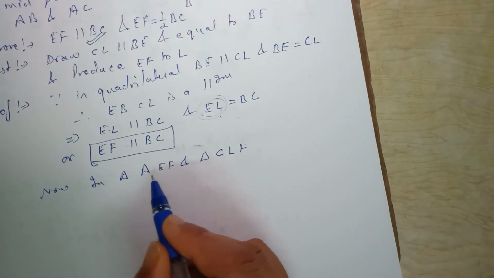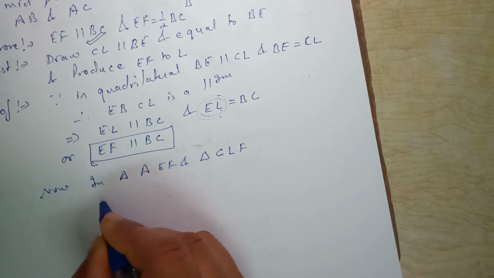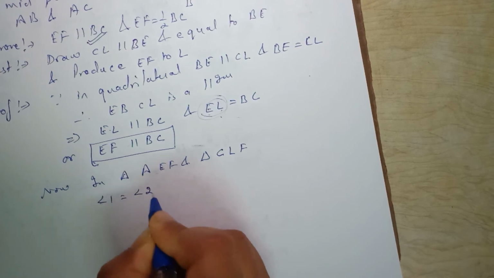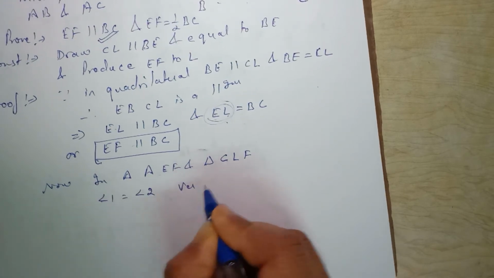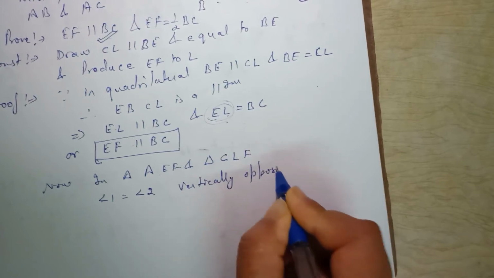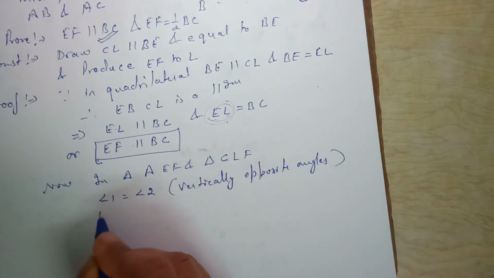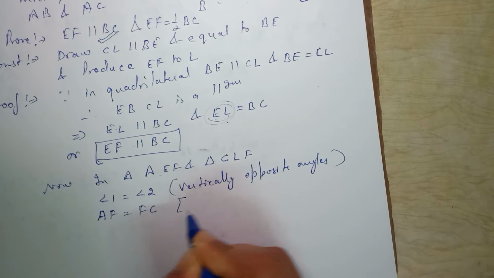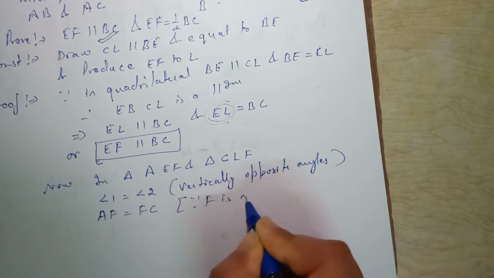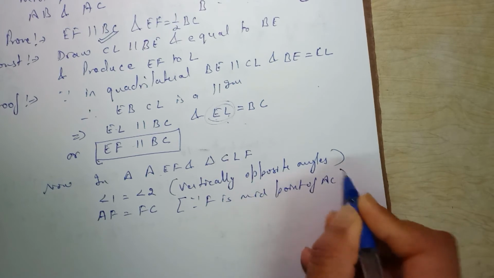So in triangle AEF and CLF, we have angle 1 equal to angle 2, vertically opposite angles. AF is equal to FC. Why? Since F is the midpoint of AC.